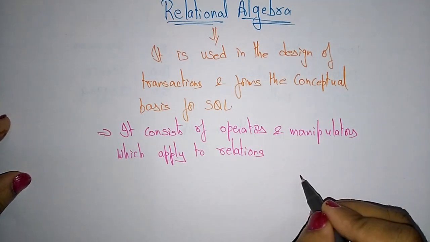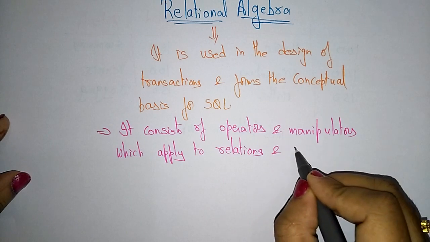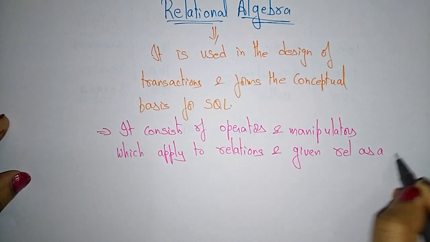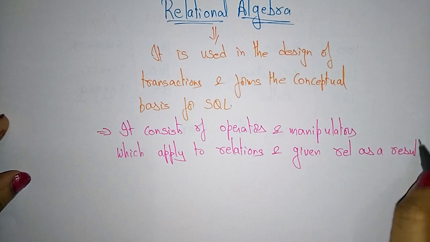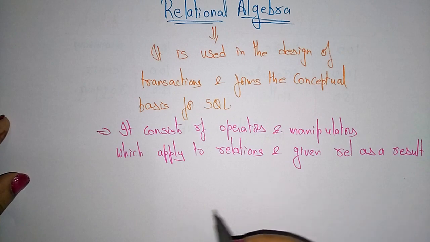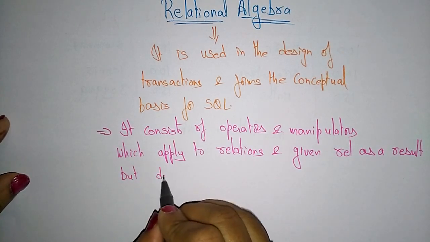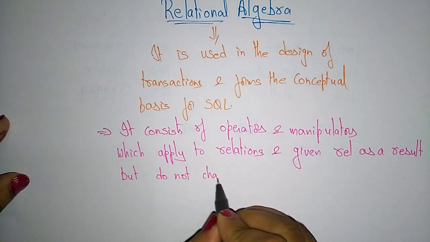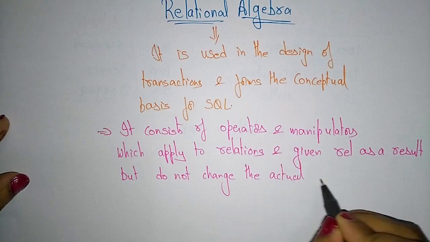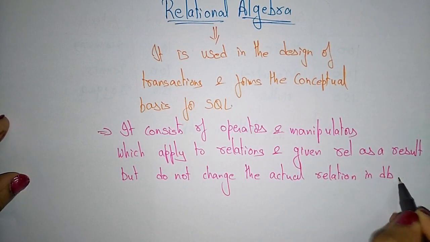Those operators and manipulators are applied to relations and give relations as a result. But whatever result you get does not change the actual relation in the database. That is the main concept of relational algebra.